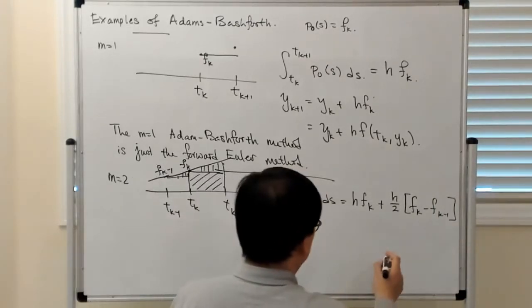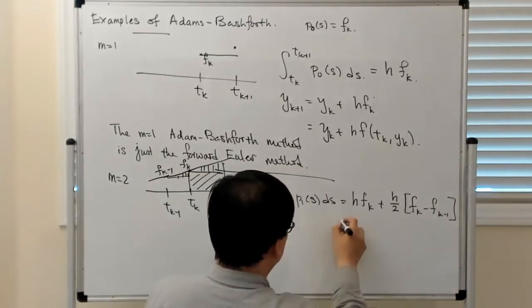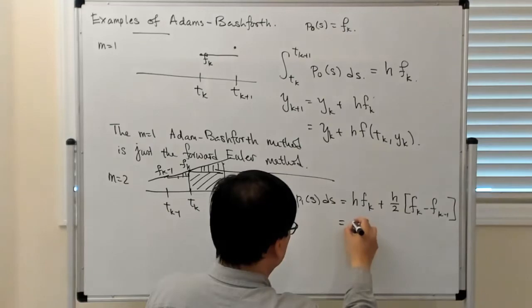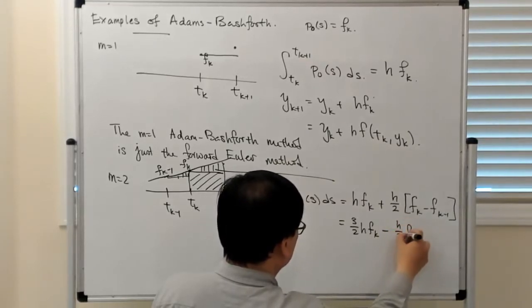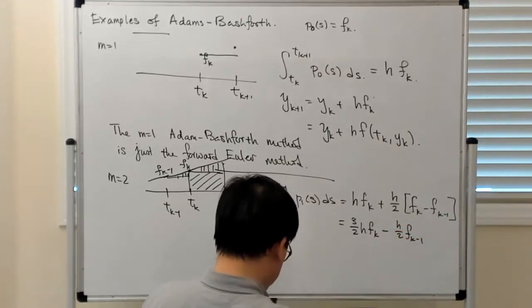So that's going to be 3 over 2 h fk minus h over 2 fk minus 1.